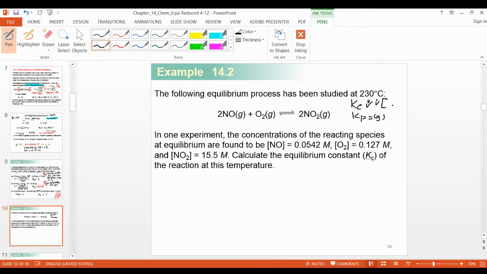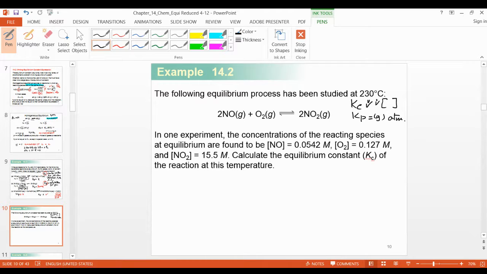Kc can be expressed in terms of brackets, and Kp is expressed in terms of atmospheric pressure. This is the difference. If you read any example and the concentration is given in bracket form or in atmospheric form, then you have to decide whether you calculate Kc or Kp.